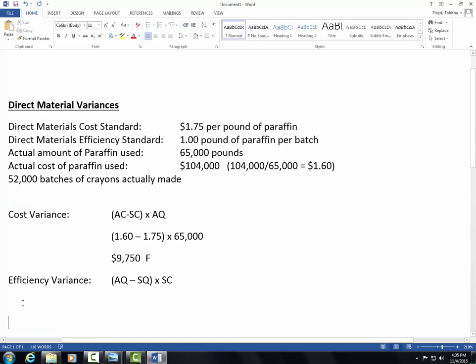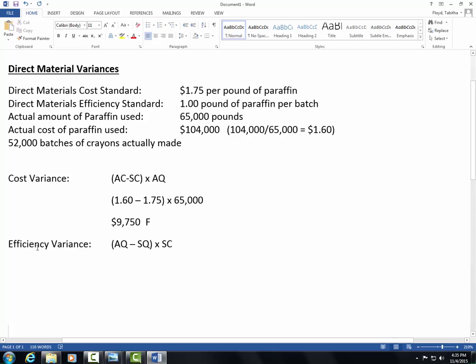Now, let's look at our efficiency variance. The formula for that is actual quantity minus standard quantity times our standard cost. And you may want to write that out until you become familiar with that.